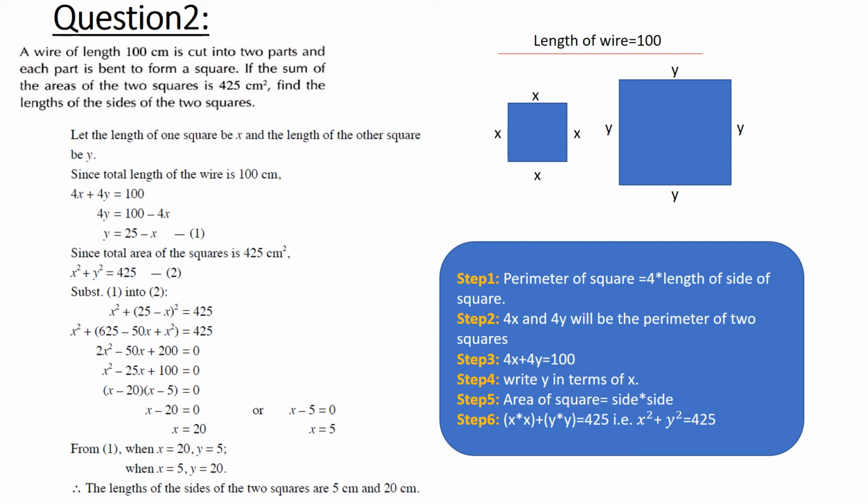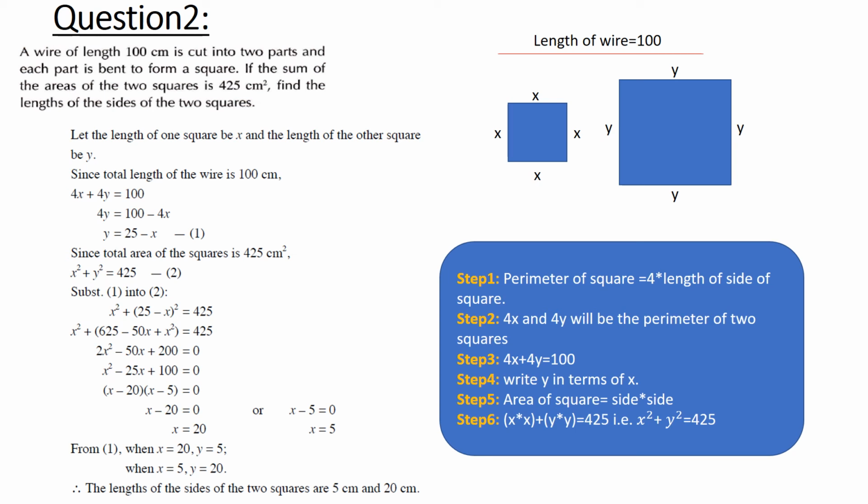Now we need to substitute the value of y, that is y equals 25 minus x, in your equation 2. From there, after simplifying, we will get a quadratic equation x square minus 25x plus 100 equal to 0. Now solve this quadratic equation by factorization method.